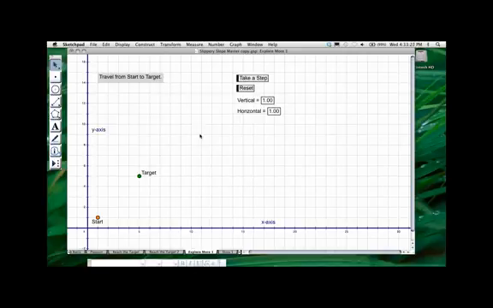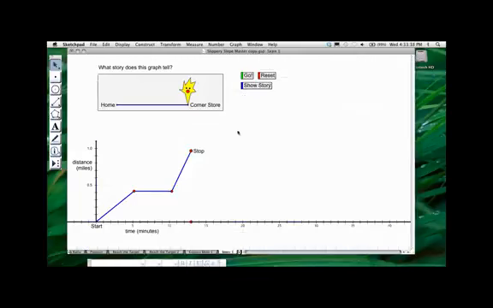Okay, next up, one of my favorite activities for this level. I want to introduce to you Mellow Yellow. Mellow Yellow is going to be walking from home to the corner store, and this graph represents her travels. Let's just watch and see what happens.